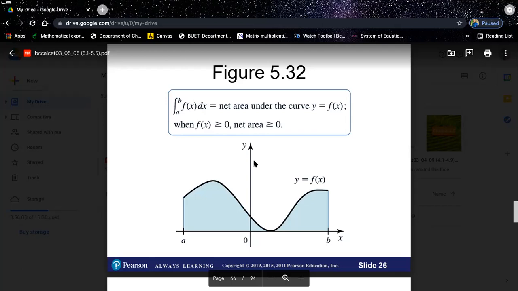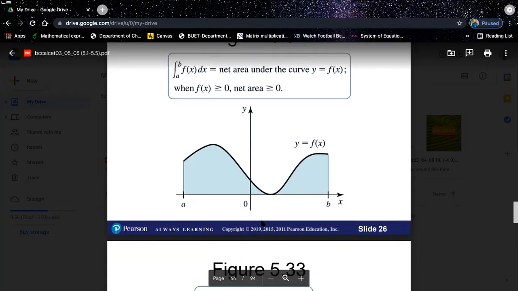Okay, the net area, of course. In general, the area can't be negative, but we consider negative area if it's below the x-axis.